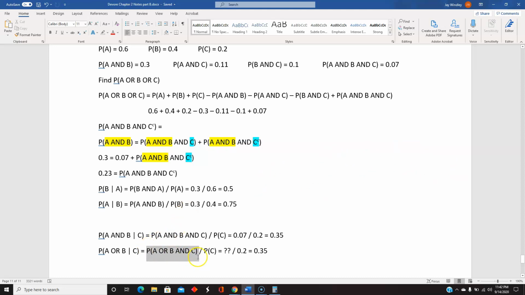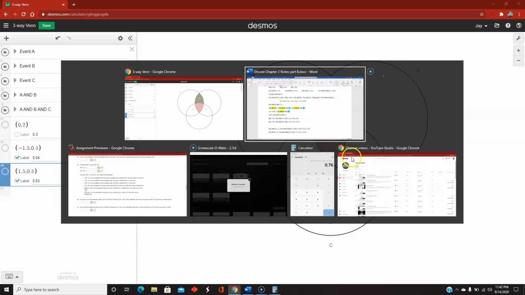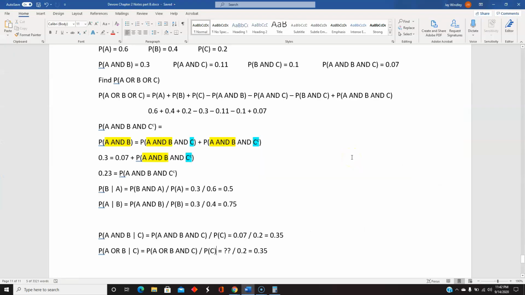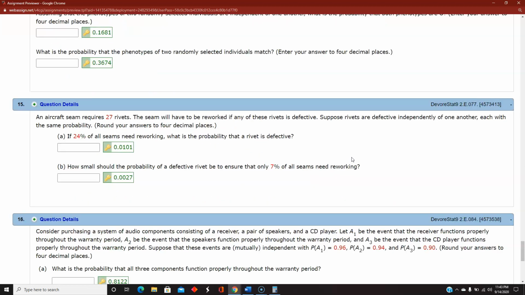Those numbers added together add up to 0.14. And 0.14 divided by 0.2 is 0.70, which is exactly the answer you see here. So there's a lot of problems where a Venn diagram is very important. Okay, this one I thought might be a little bit difficult.